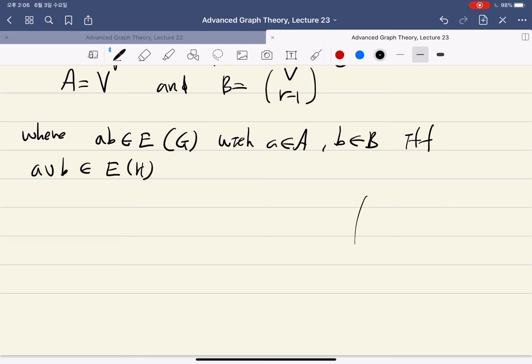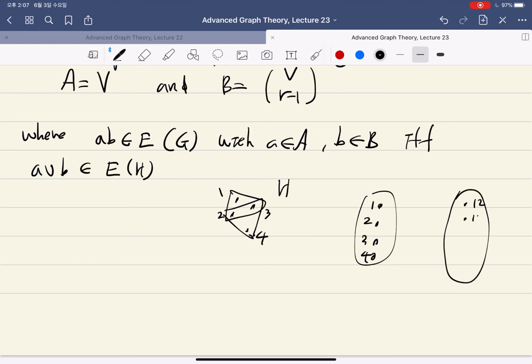original hypergraph. So for example, if we have a hypergraph H with edges 1, 2, 3, 4 and so on, then 1 and {2, 3} forms an edge, so we add an edge. 2 and {1, 3} forms an edge. 3 and {1, 2} forms an edge. 4 and {2, 3}, 3 and {2, 4}, 2 and {3, 4} form edges.